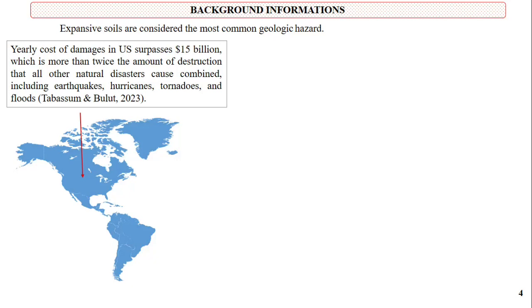The yearly cost of damages in the US is estimated to be $15 billion, which is more than twice the amount of the other natural disasters like earthquakes, hurricanes, tornadoes, and floods.